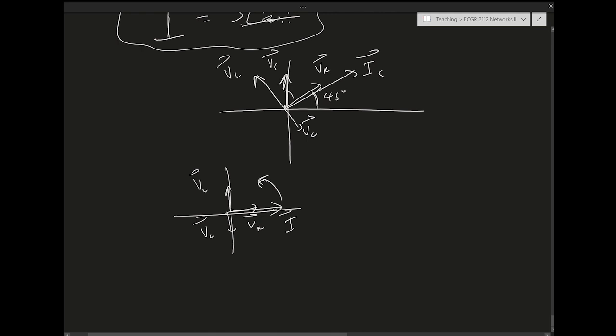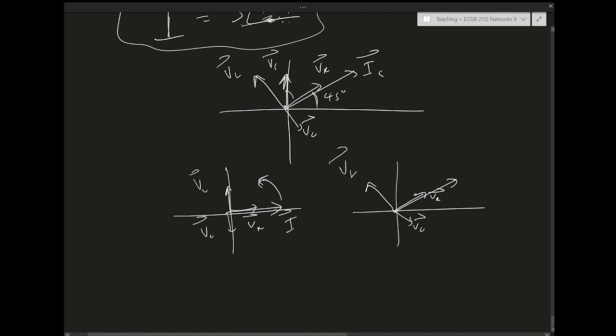So if you look at a circuit where your reference is not exactly 0 degrees, it's some other angle, you can always rotate your reference. If the circuit stays the same, the relative positions and angles of all the other phasors will always follow the reference. So VR will remain in this position, VC will remain in this position, VL as well. It's just going to be rotated by some angle.